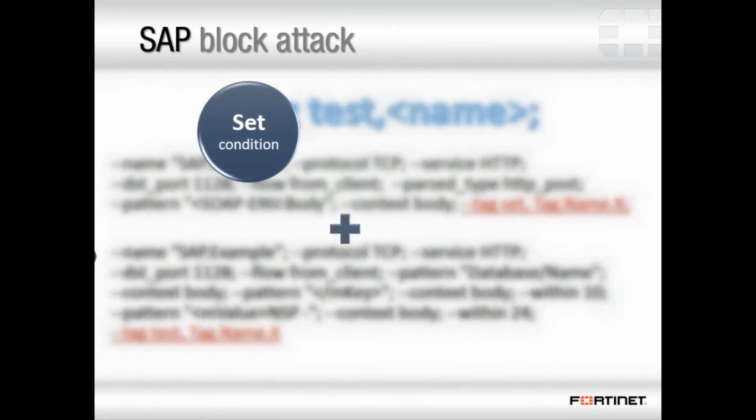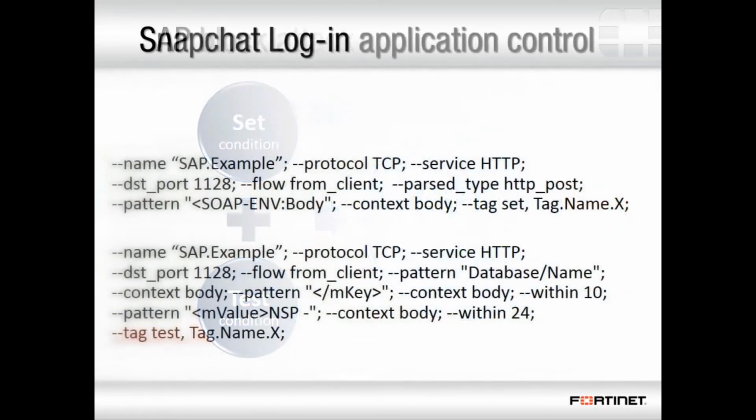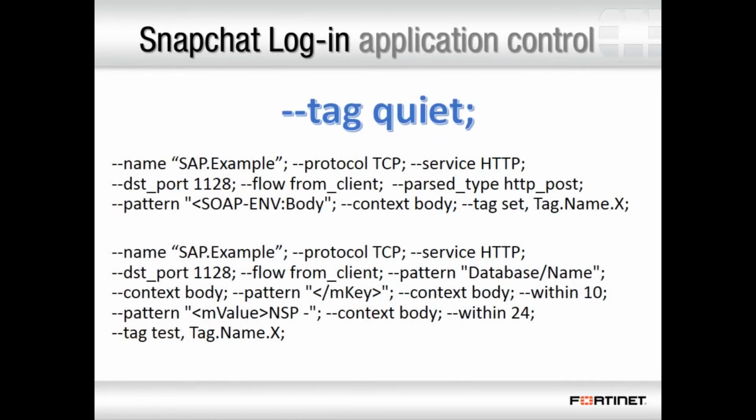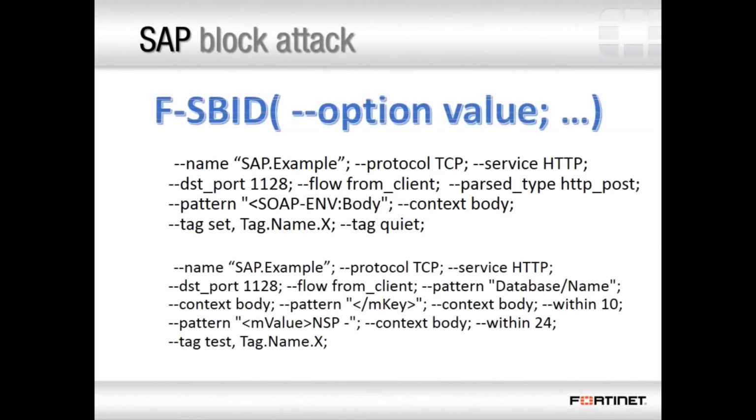This combination establishes two conditions that must both be met to trigger detection. The tag quiet option is used to suppress logging and is normally included following tag set. Again, we prefix with f-sbid and enclose in parentheses.